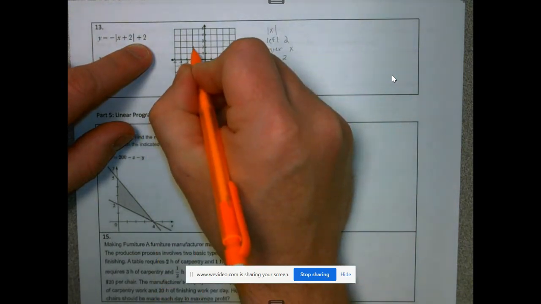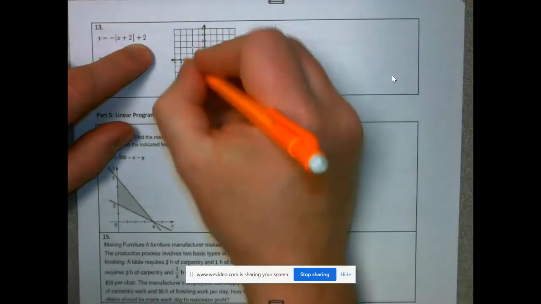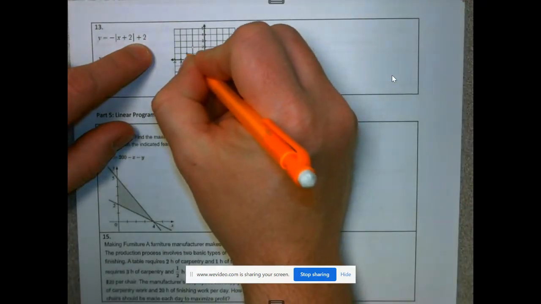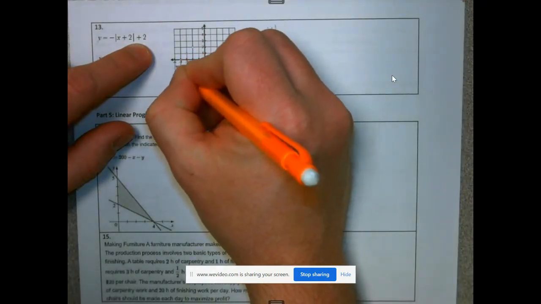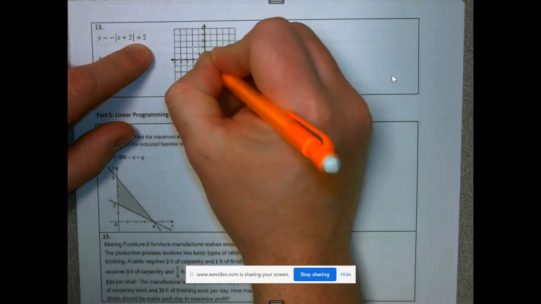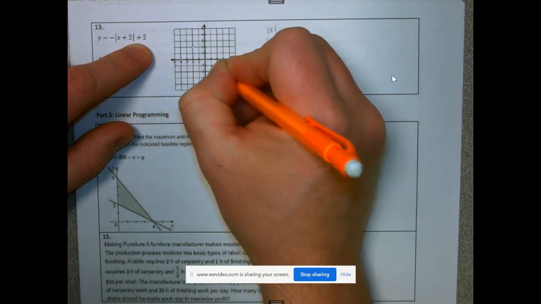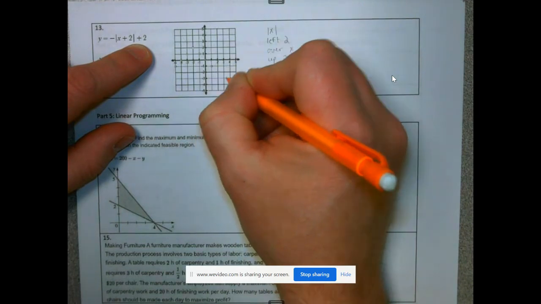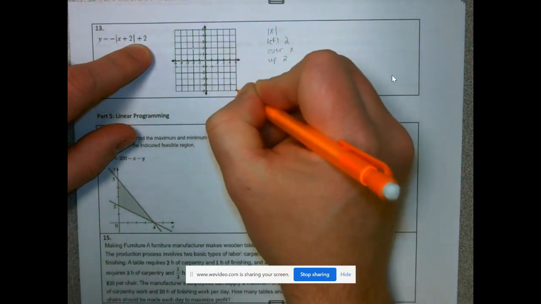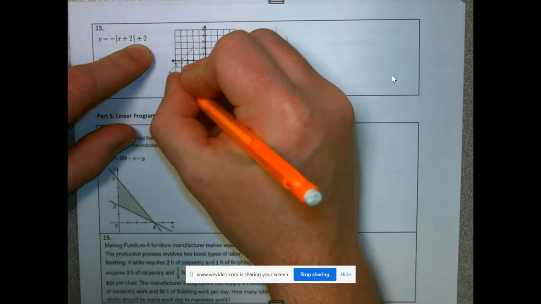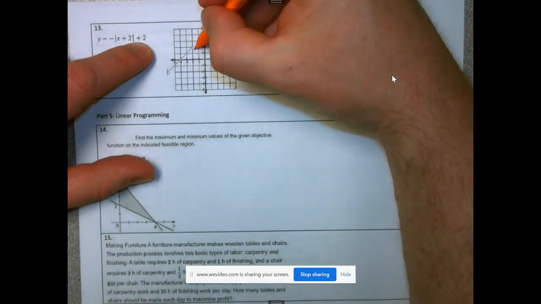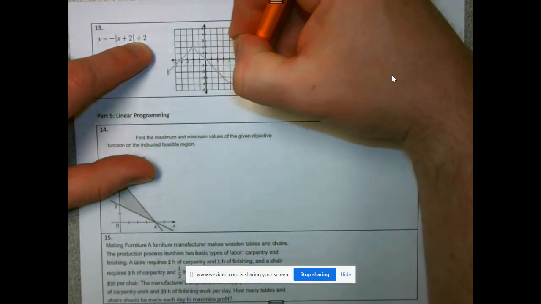So 1, 2. Now it's upside down, so it still has that slope of 1 and -1. It just got flipped upside down. Okay, again, we're going all the way across my graph. There's no shading on these because this is equations here.